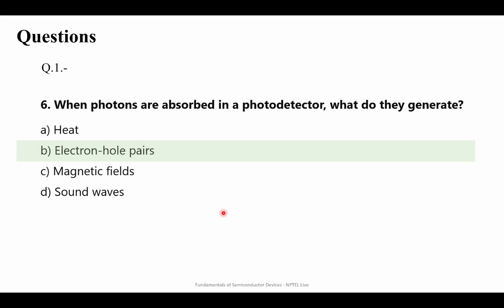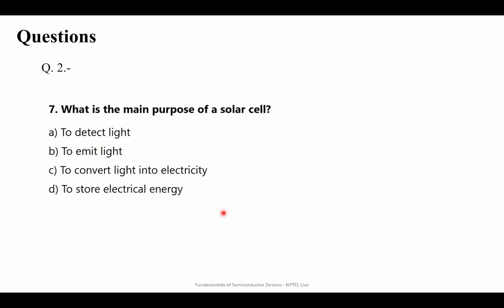So, next question: what is the main purpose of a solar cell? To detect light, to emit light, to convert light into electricity, to store electrical energy. That is right. The answer would be to convert light into electricity.